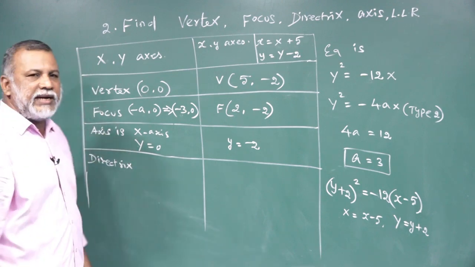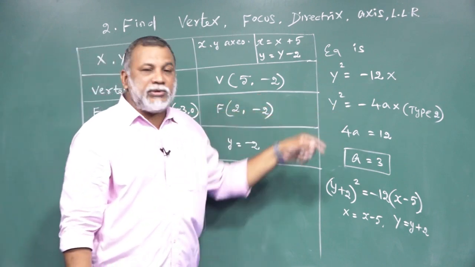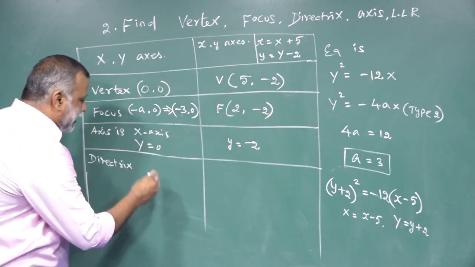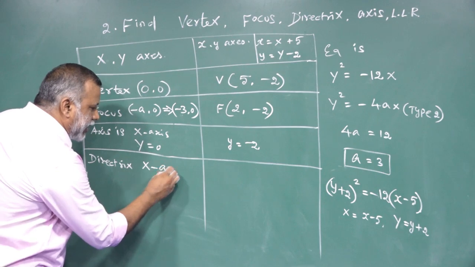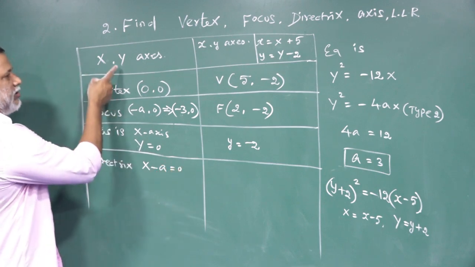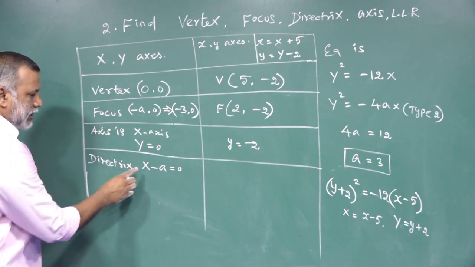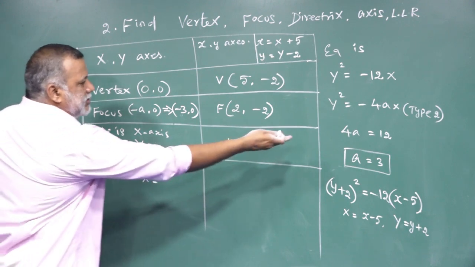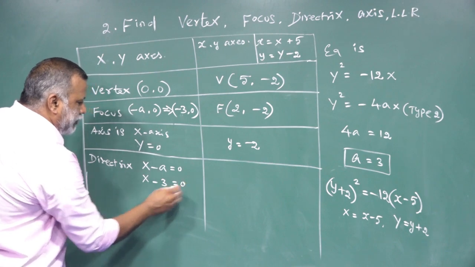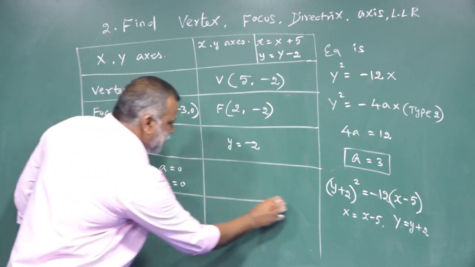Then directrix. See your standard results. It belongs to type number 2. In type number 2, directrix is capital X minus a equal to 0. Here always use the capital letters. Wherever you are getting it, use the capital letters. Then a is 3, so capital X minus 3 equal to 0.